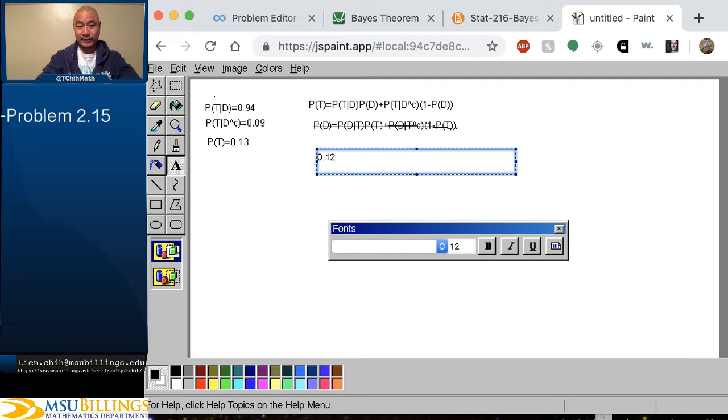Sure, it's 0.13, is equal to P of T given D, 0.94, times, well, I don't know what P of D is, right? Plus P of T given D complement, we know that is 0.09, times 1 minus P of D, and again, I still don't know what P of D is, right?